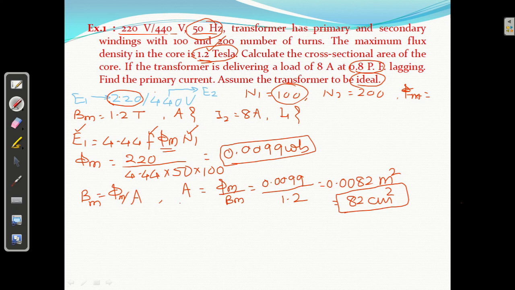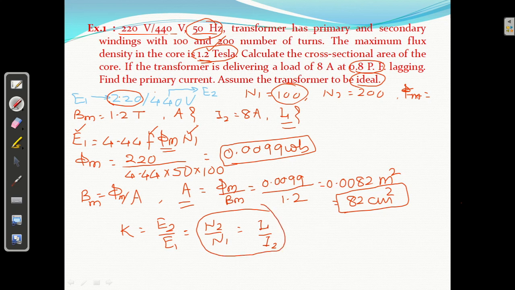That is the area. What does the second part ask? Find I1. We know the transformer ratio K equals E2 upon E1, equals N2 upon N1, equals I1 upon I2.